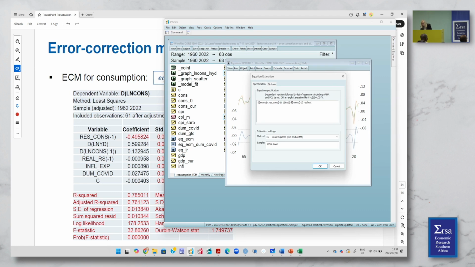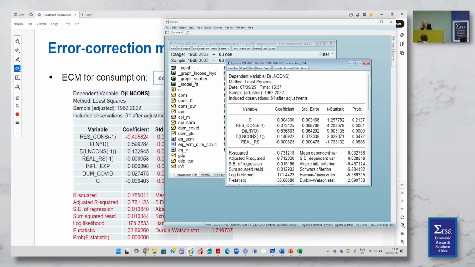And you can try current period, but I suspect the current period was less significant. Oh, it was actually significant, but maybe later on I had to go and lag it because it becomes insignificant. So leave it for now.